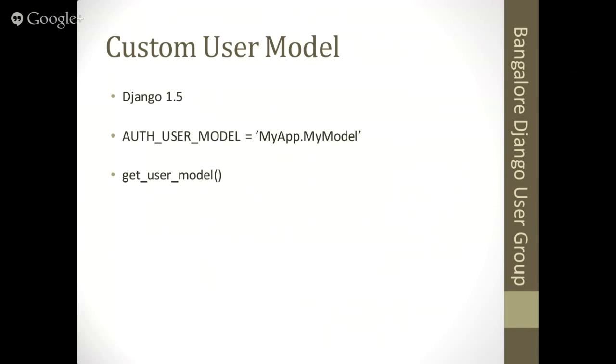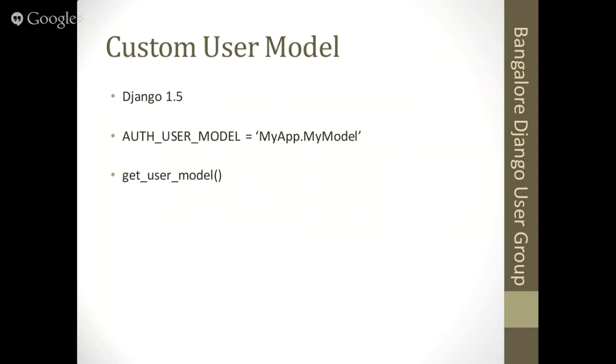So for creating a user model, we need to specify the model class in one of the modules in your Django application, and we need to refer to that model in your settings.py using the setting AUTH_USER_MODEL. It is a dotted pair which represents the module name dot model name.